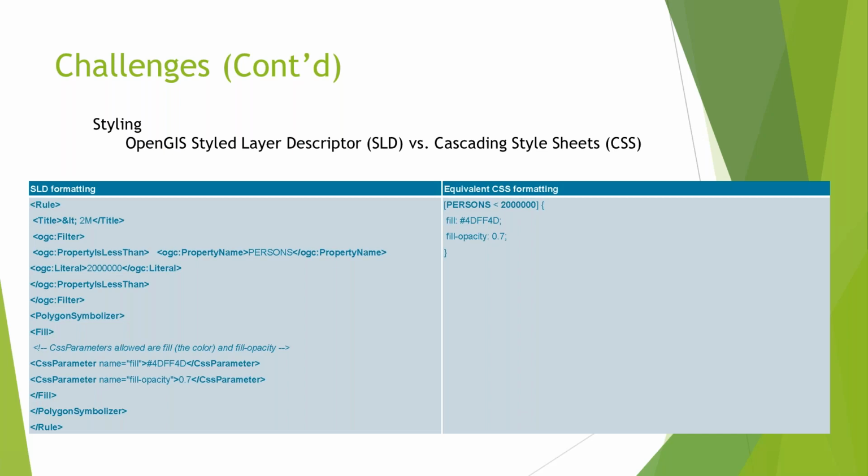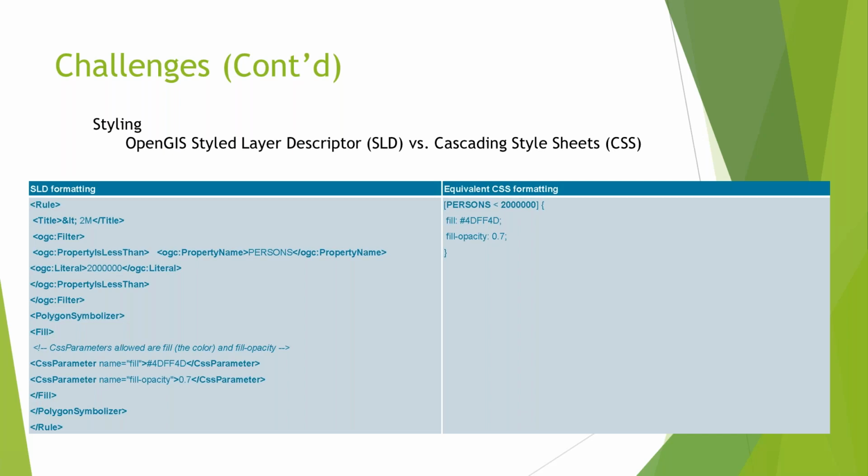When we first went through this process, we were building the styled layer descriptor, the SLD formatted styling, which is by default the way the GeoServer documentation explains how to build styles. The example on the left of this table is the SLD formatting for a polygon for a city that has a population of less than 2 million.